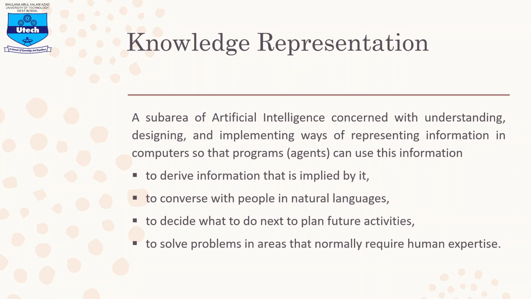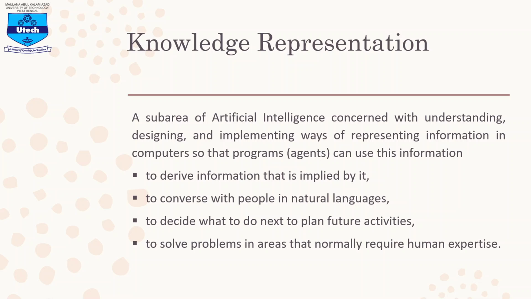And how can they use the information? To derive information that is implied by it, to converse with people in natural languages, to decide what to do next, to plan future activities, to solve problems in areas that normally require human expertise. So in this way, information can be used by the agent.